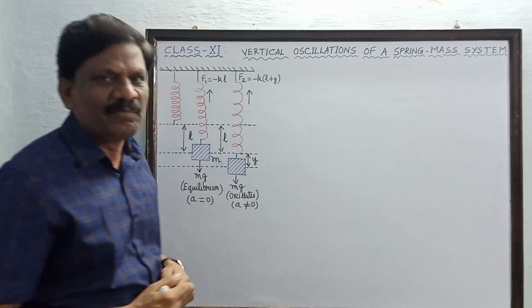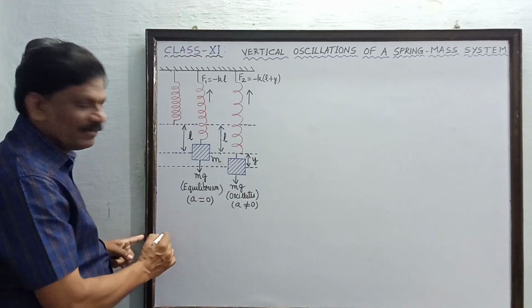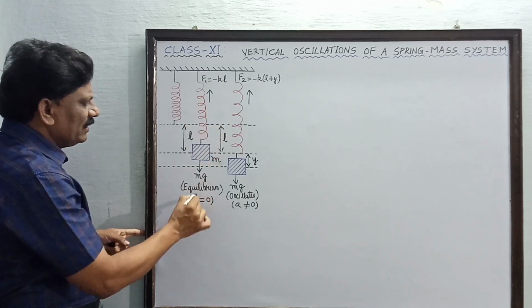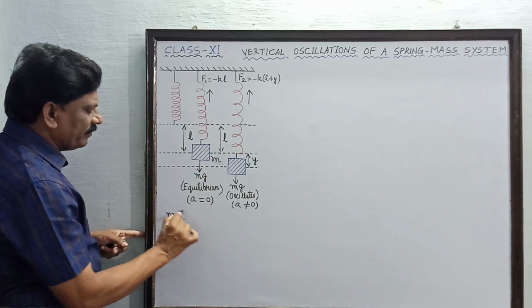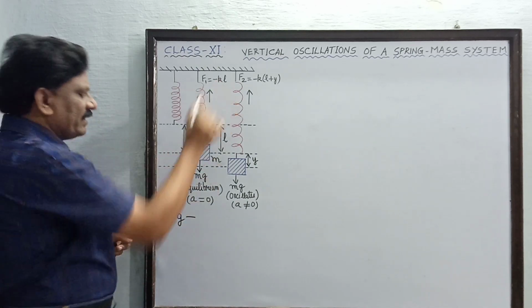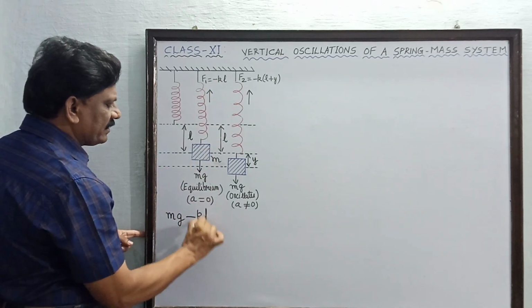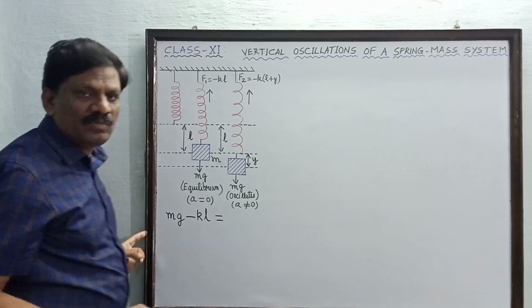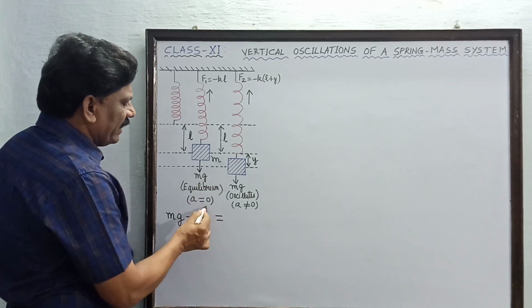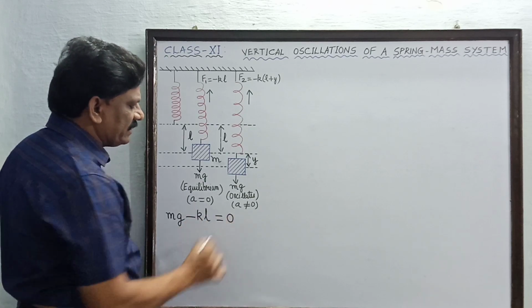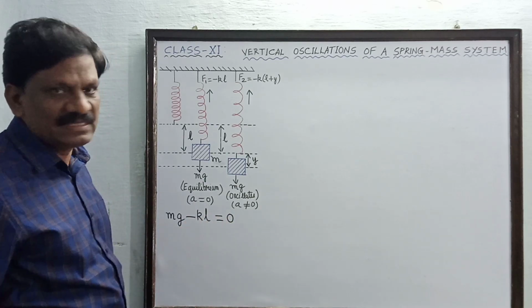So mathematically I am going to write below this diagram. Okay children. So in the second picture, the weight mg minus KL is equal to mass into acceleration. So mass is m, acceleration is 0. So this is equal to 0. Understand that?